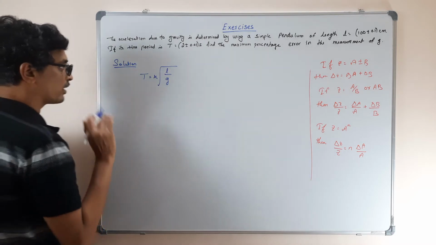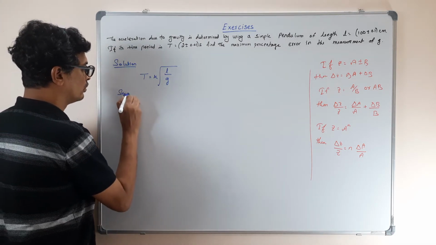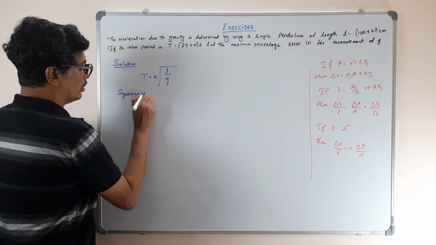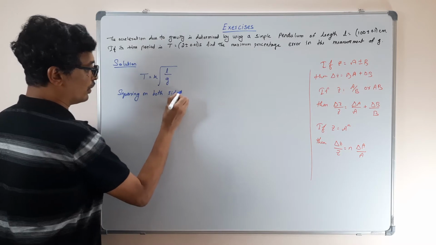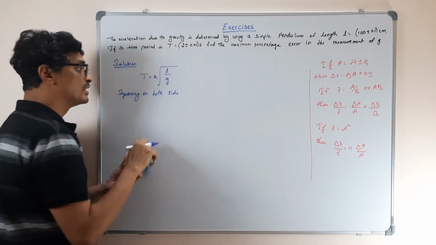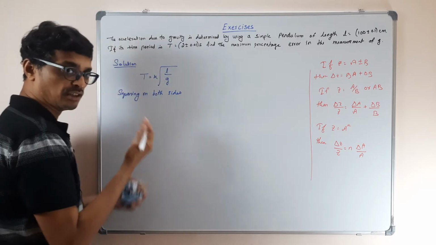Why are we squaring? Because right now it's the square root of G, and we want it in G. That's why we are squaring.